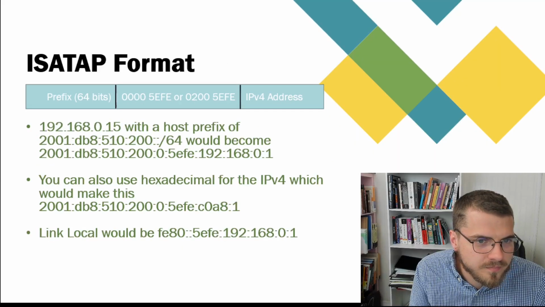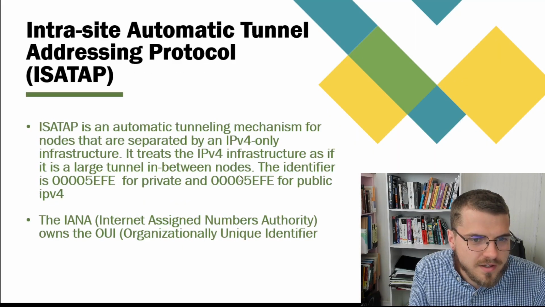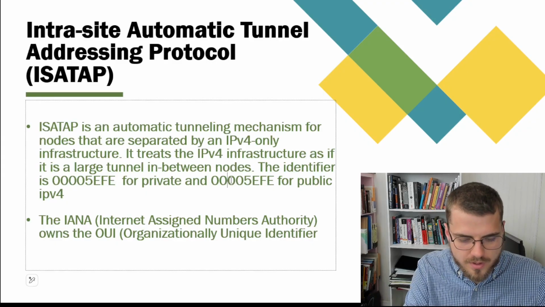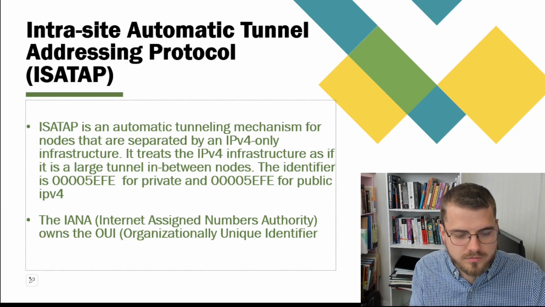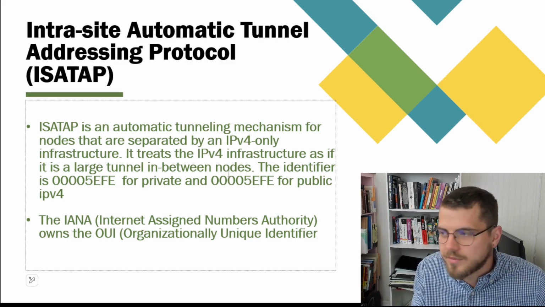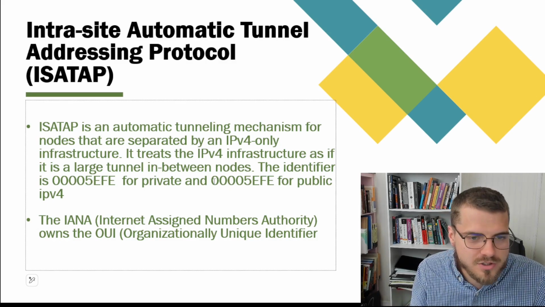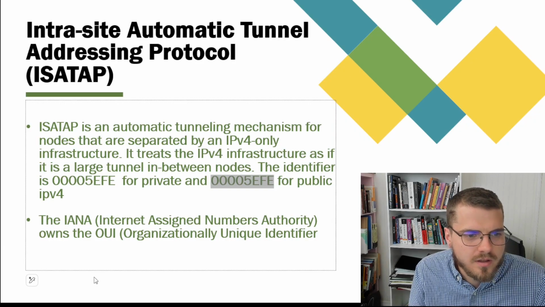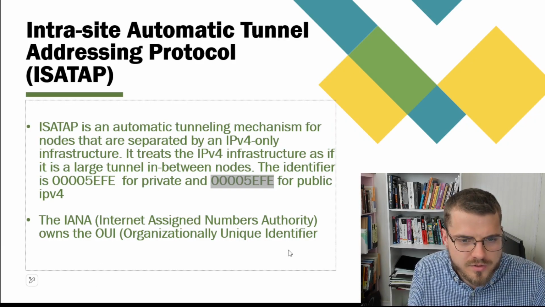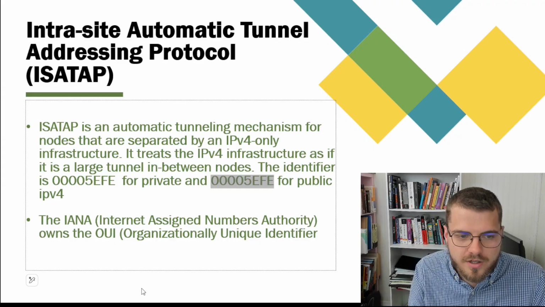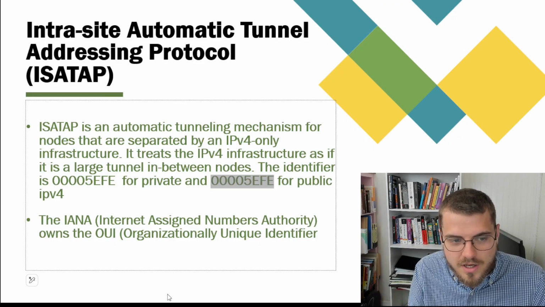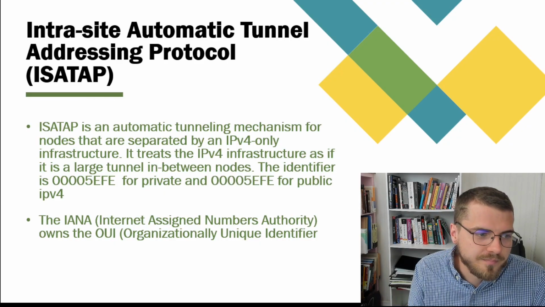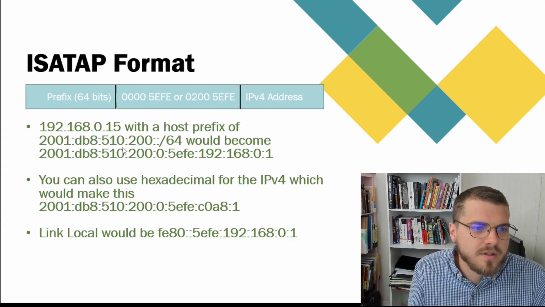Let me see. Yeah, see, I think that one's 02 actually. Oh, I'm in read only. But I'm pretty sure this one is 02005E. And the Internet Assigned Numbers Authority owns the organizationally unique identifier, which is what you see.